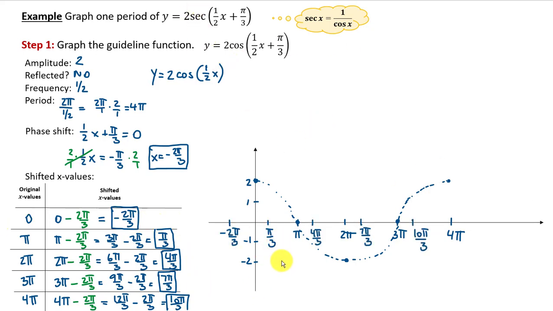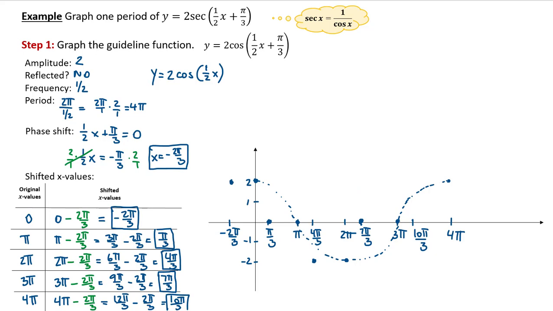So here they are. And now it's time to shift all the key points to obtain the graph of the guideline function. The maximum point shifts left, and now it's here. The 0 point is going to be at pi over 3. The minimum point will be at 4 pi over 3 as I shift it to the left. Next 0 will be at 7 pi over 3.